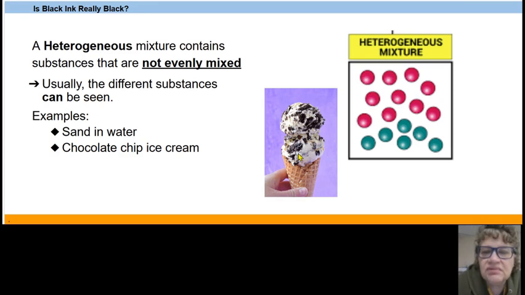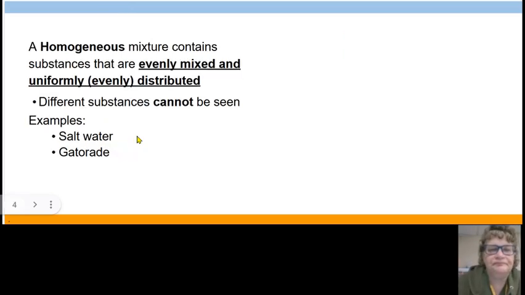You could see the difference between the vanilla ice cream and the chocolate chips or chunks. Okay, sand in water. If you mix them together, right? Eventually, after you let it set for a while, the sand will fall to the bottom and then you'll have sand and water. Okay. So that's a heterogeneous mixture.